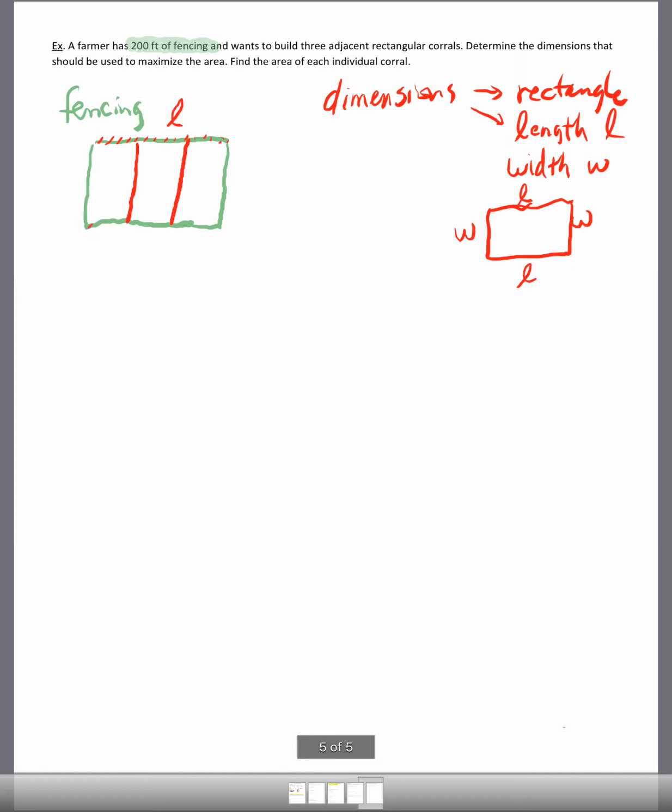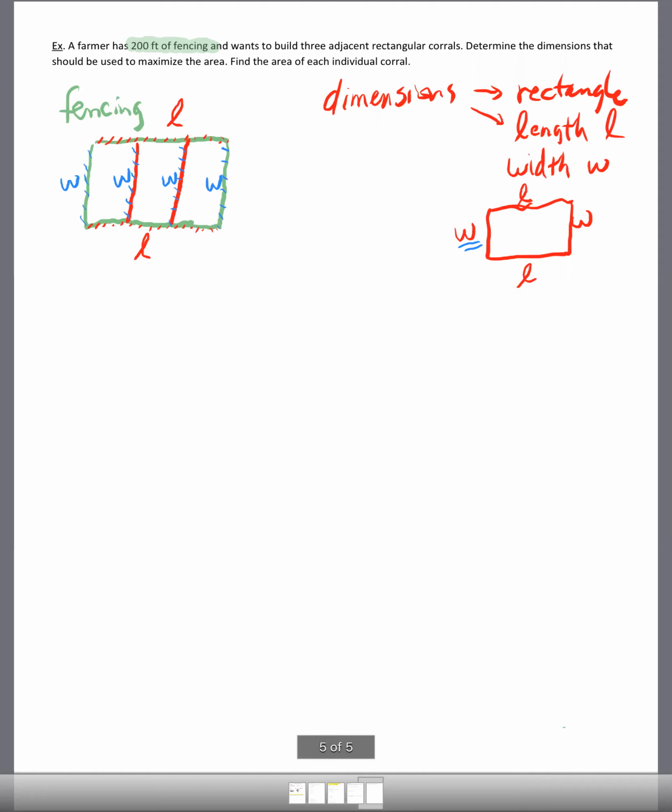And we also have another one that's parallel to it, identical to it. There's another L. When we go to the sides, where normally we use width for the sides, I see here the fence is going to go along this one, so that's W. To make sure that these are 3 separate corrals, there's another fence that's a W. There's another fence that's a W. And likewise, there's another one.